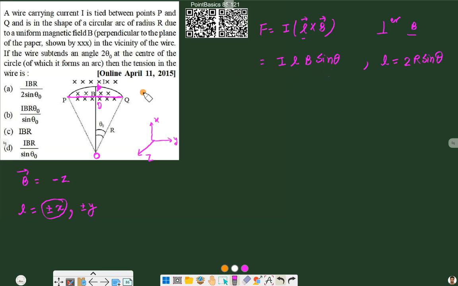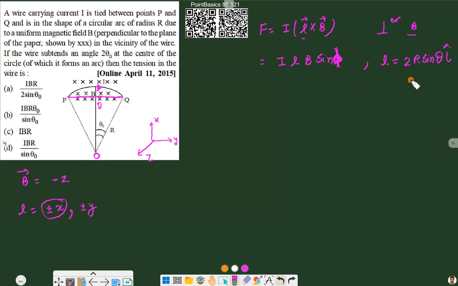Now our length is in the x direction and the magnetic field is in the negative z direction, so the angle between them is 90, and we will take this as phi, as this phi is the angle between length and magnetic field, and this theta is the angle between this vertical line and the OQ line and OP line.